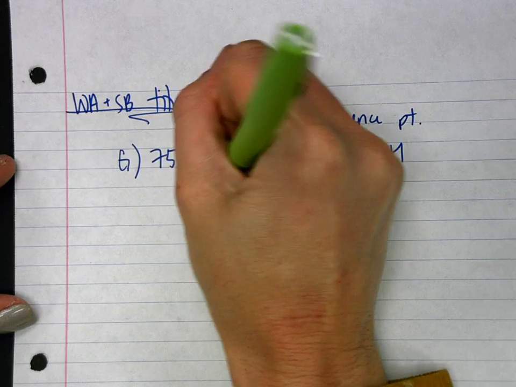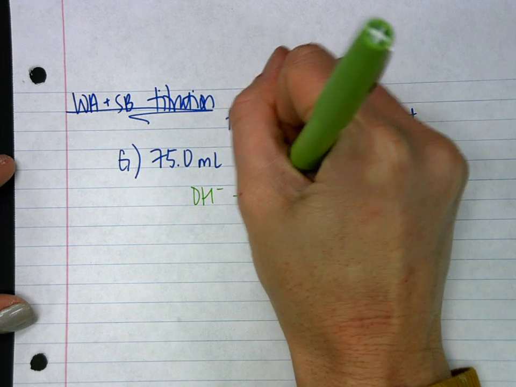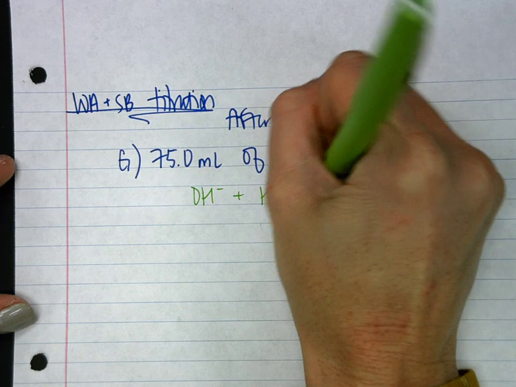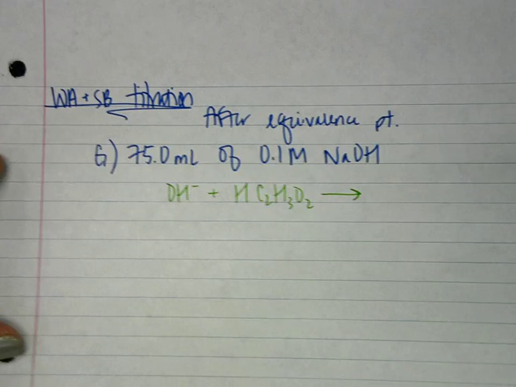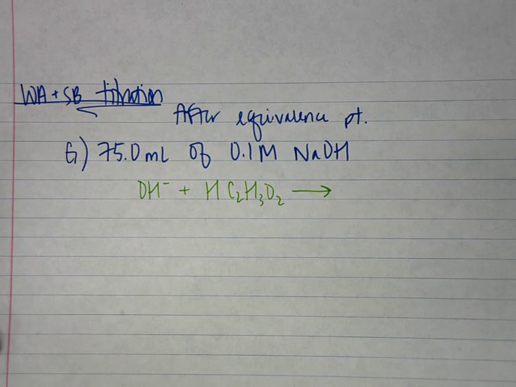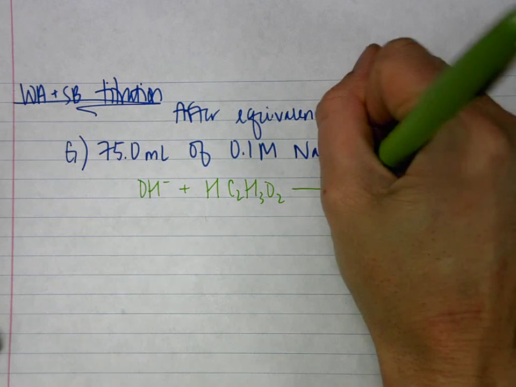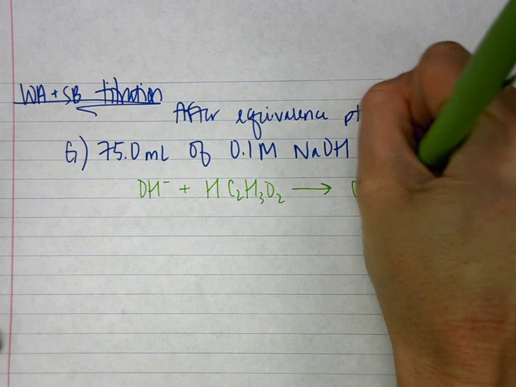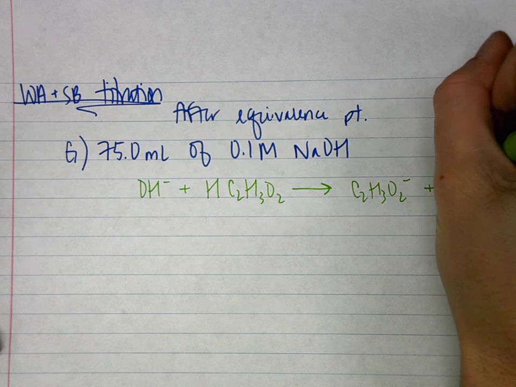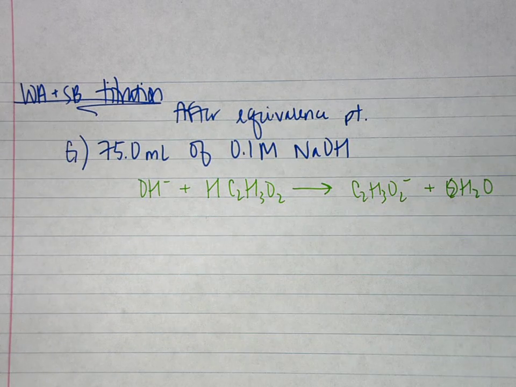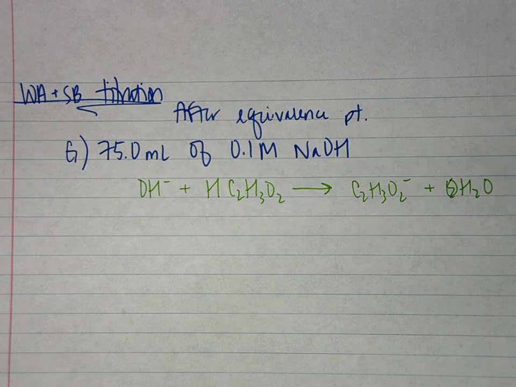We have our OH- interacting with our acetic acid to form our acetate ion and H2O. So we want to see our before and after moles, or millimoles.